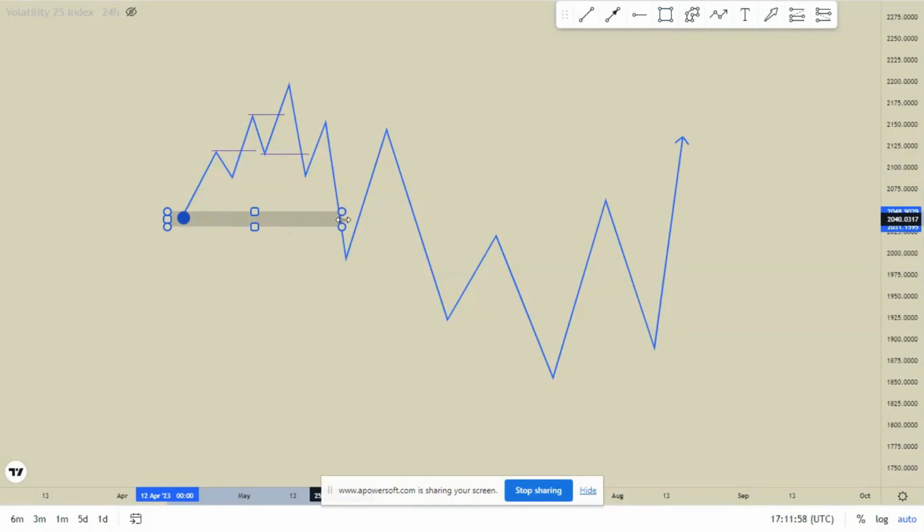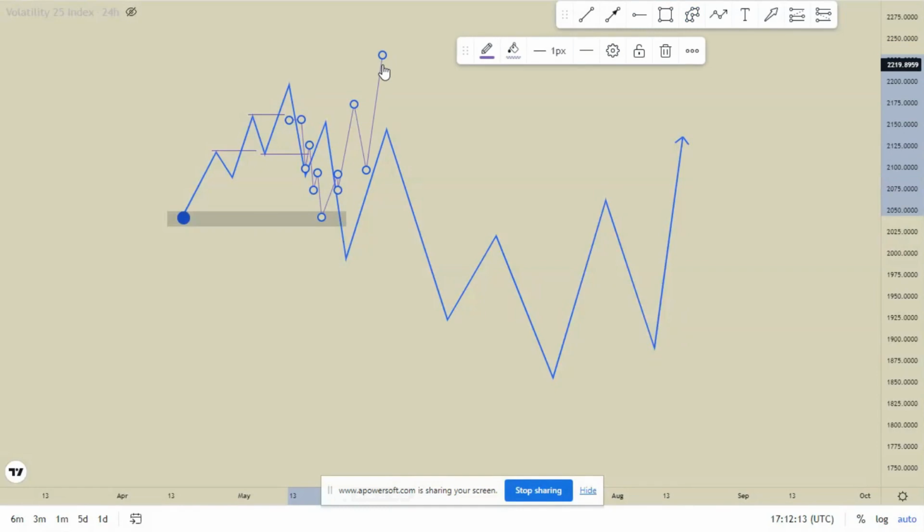In most cases, it is possible that the market will reach this point. For instance, it's coming like that. It doesn't matter the time frame. It is possible that it will reach that point and then it starts to buy. So that is our swing structure.